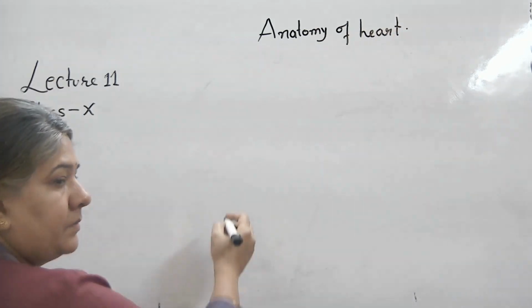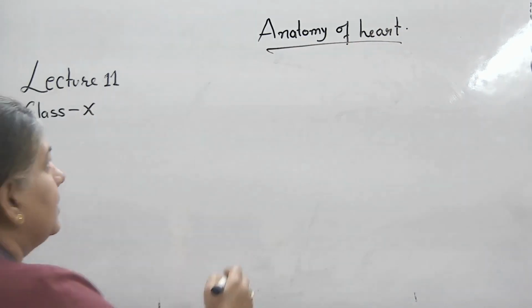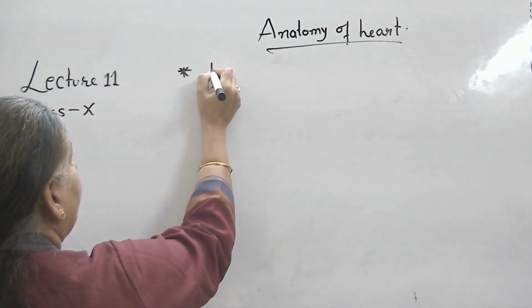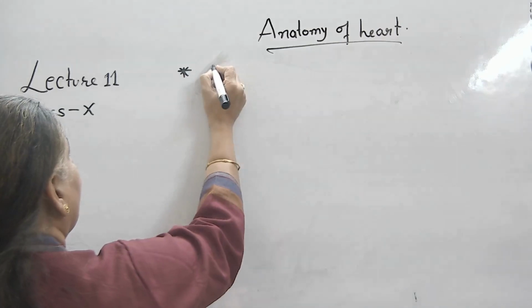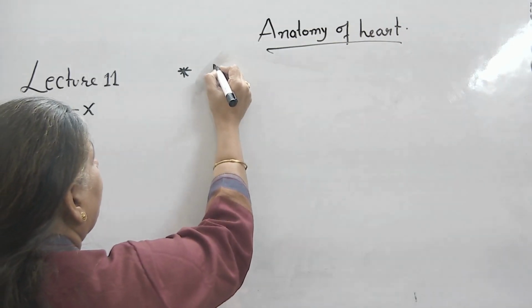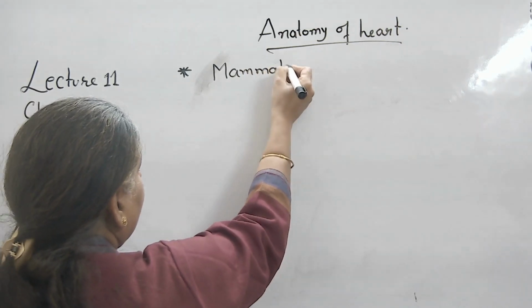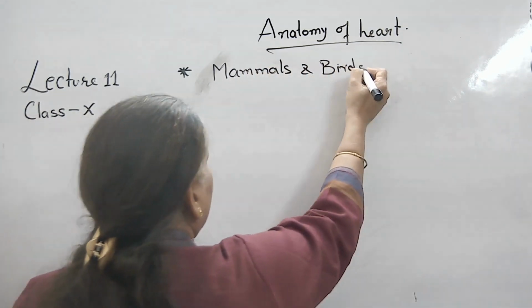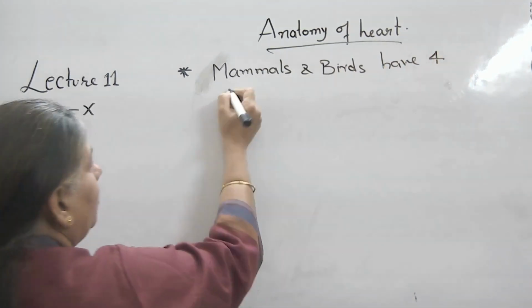Okay. Anatomy of heart. So you may write few points that it is 4-chambered, or you can write mammals and birds have 4-chambered heart.